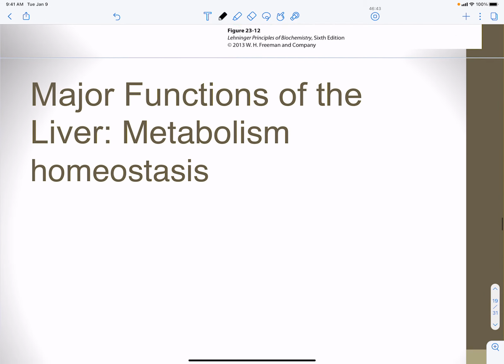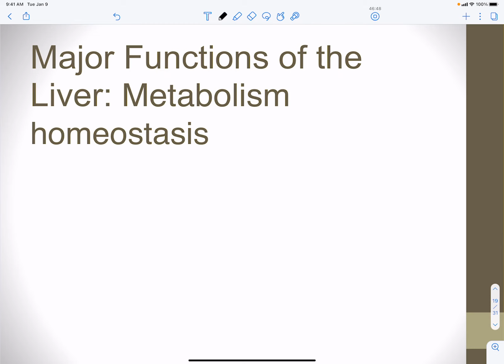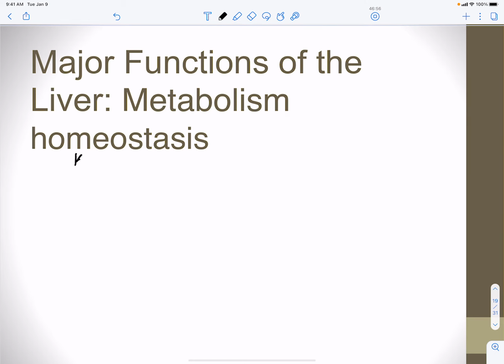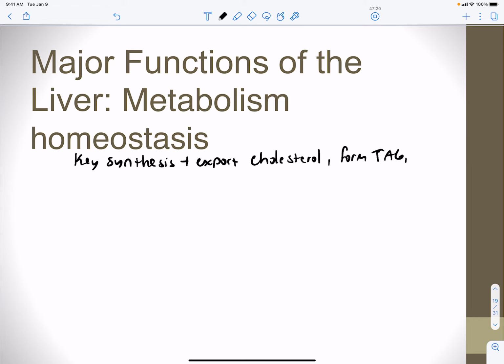So you're also going to have metabolism homeostasis. Your liver is going to be important in the synthesis and export of cholesterol. It's also going to be important in the formation of triacylglycerols, the donation of nitrogen to the urea cycle.